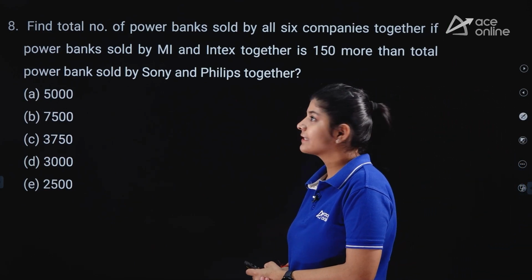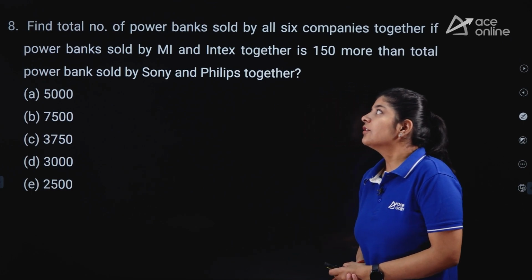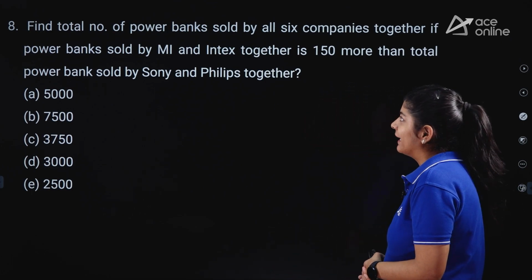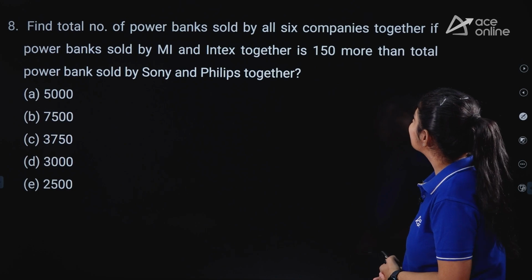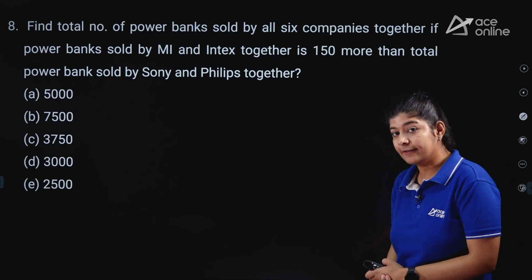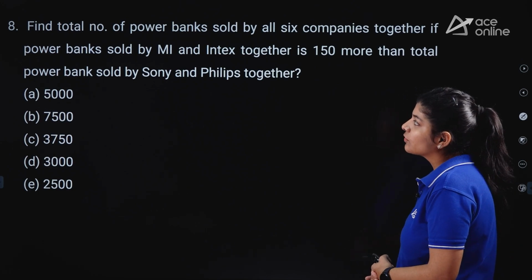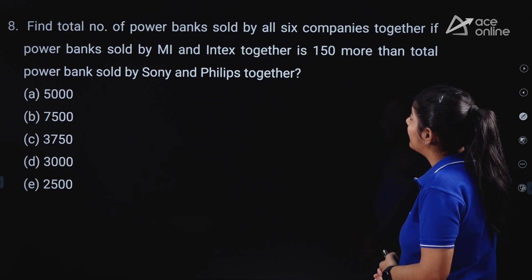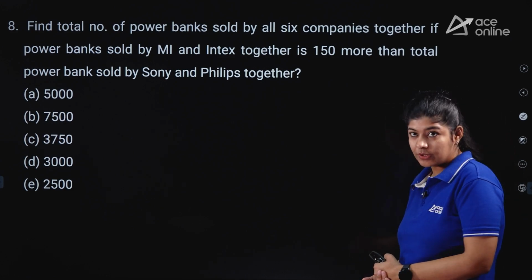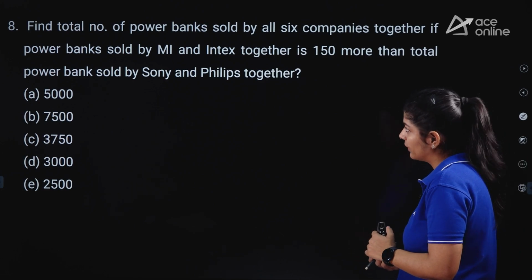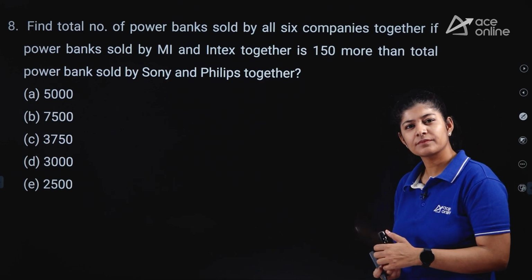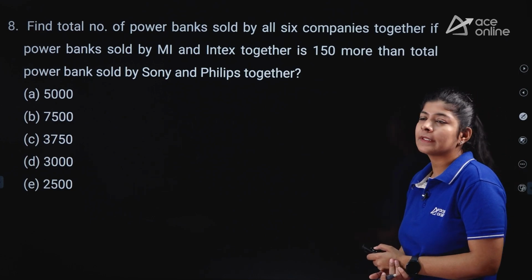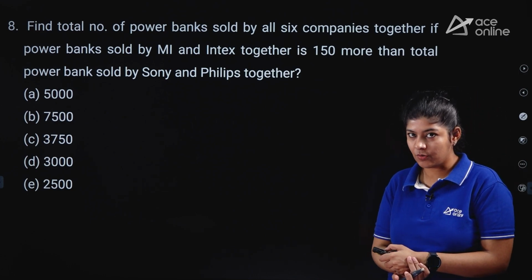The question says: find the total number of power banks sold by all 6 companies together if power banks sold by MI and Intex together is 150 more than the total power banks sold by Sony and Philips together. I guess all of you can do this question on your own.